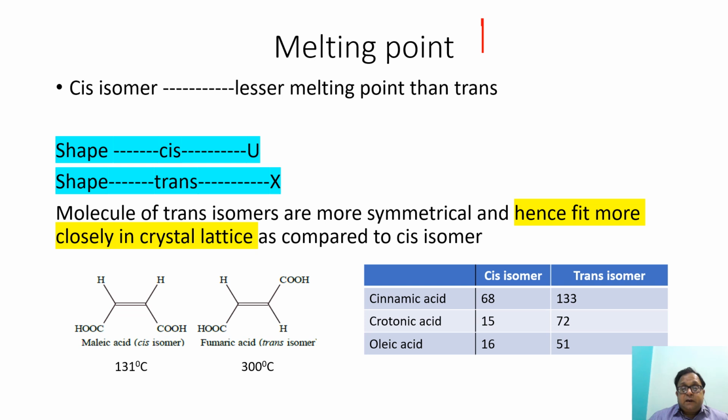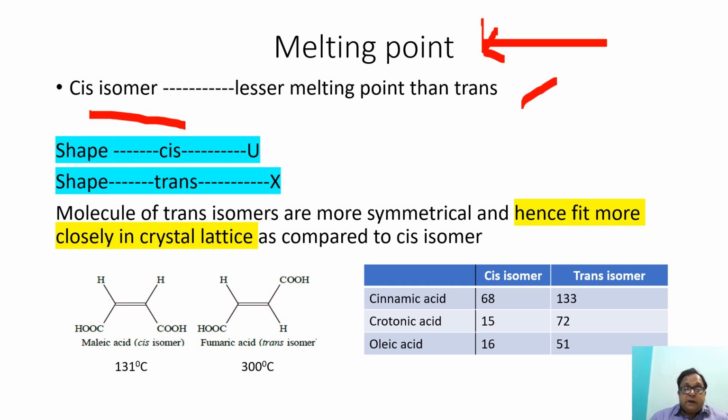The next physical parameter used for configuration of geometrical isomerism is melting point. It is generally observed that cis isomers have a lower melting point than trans isomers. Why is this happening?